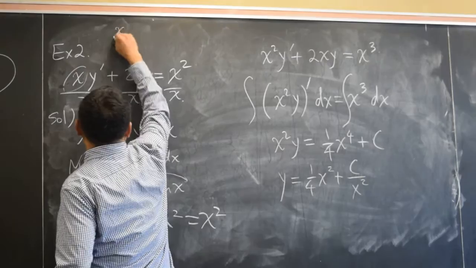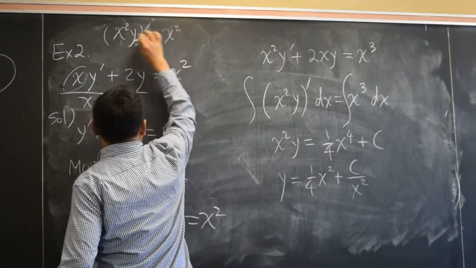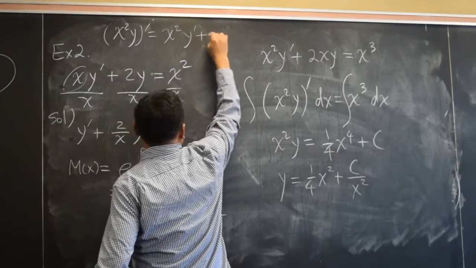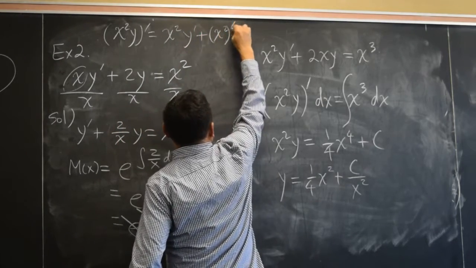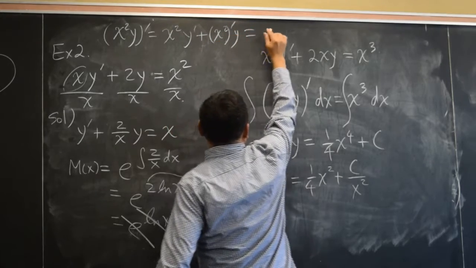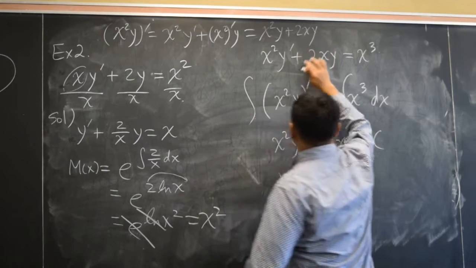So x squared y prime, differentiate the second, differentiate the first, and this differentiates too. So you indeed get this.